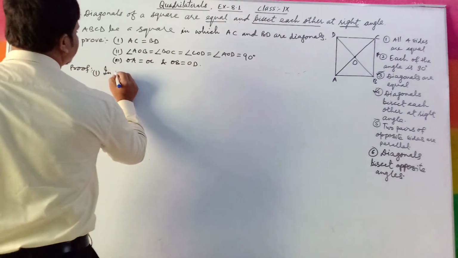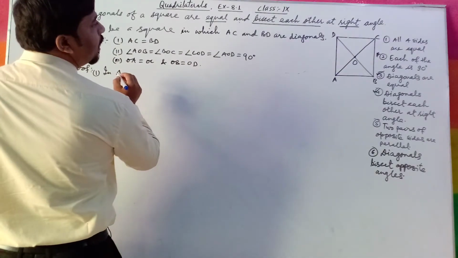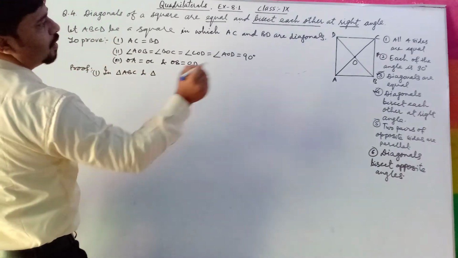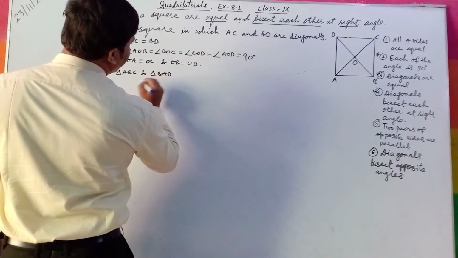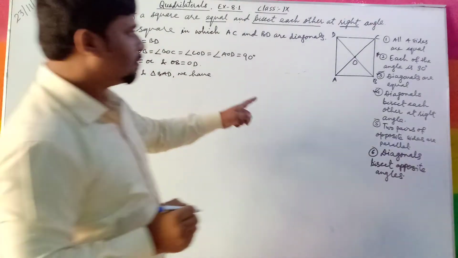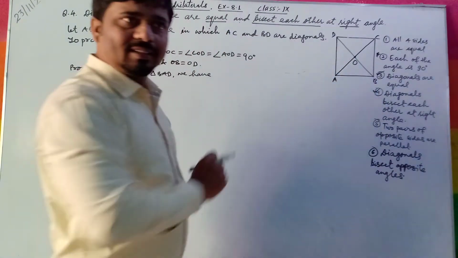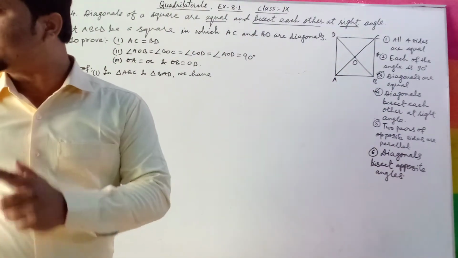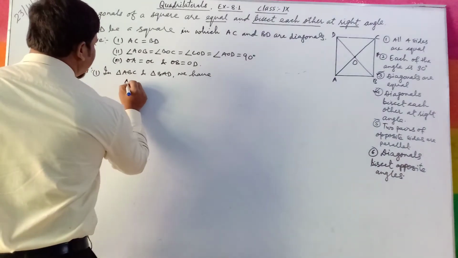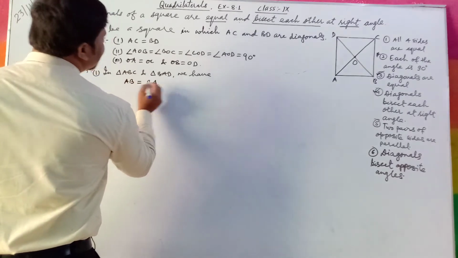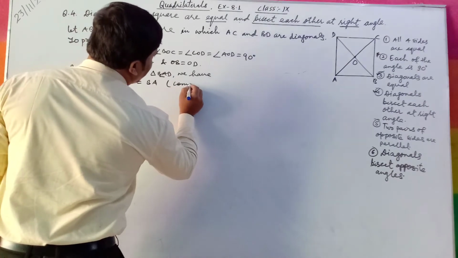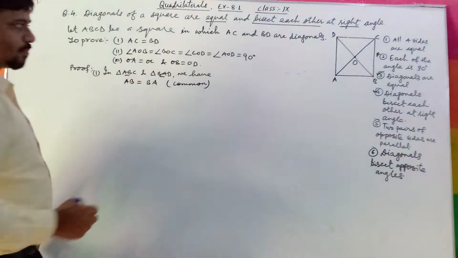In triangle ABC and triangle BAD, we have AB equal to BA. The length is the same, only the direction of the name is changed. This is common in both triangles.